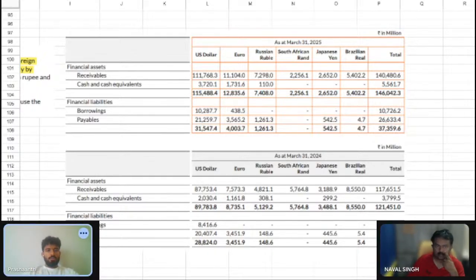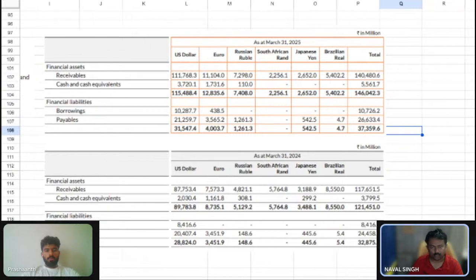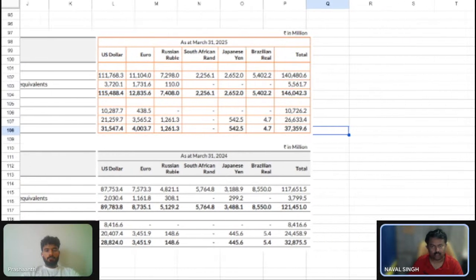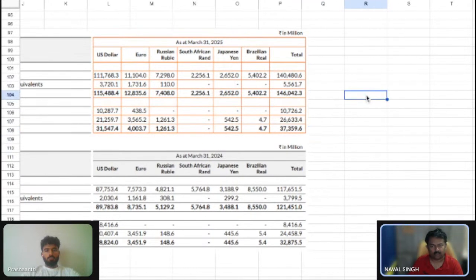And then E130, sorry, 140,000 million rupee. This total which is here, 140,480. What percent of total receivables is foreign receivables? What percentage of receivables is something I have to check.